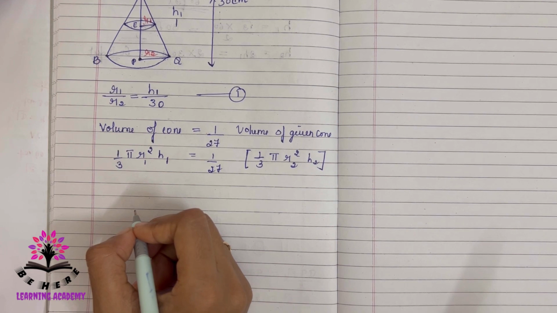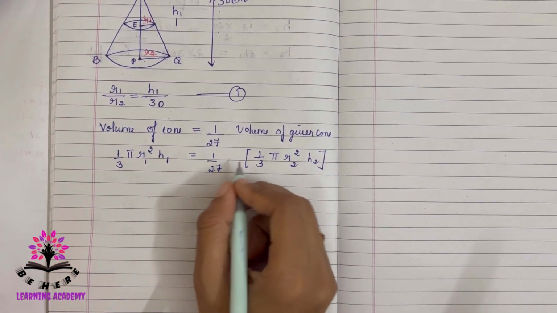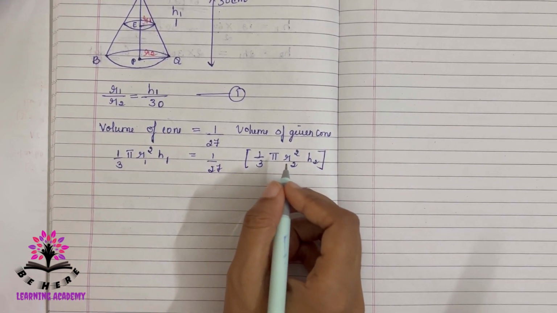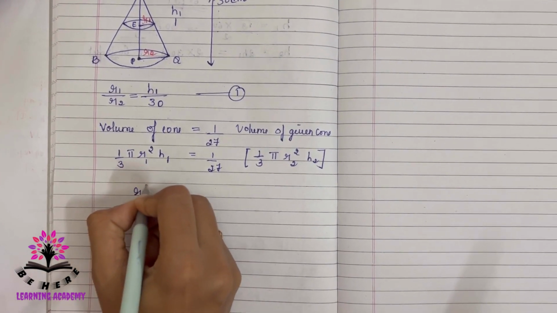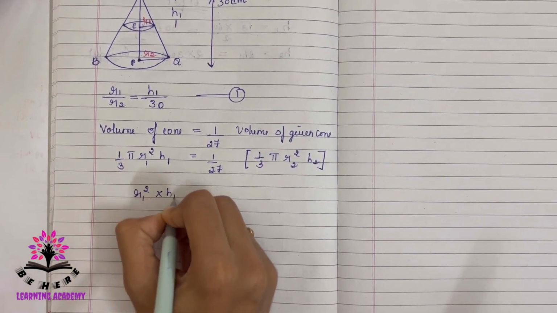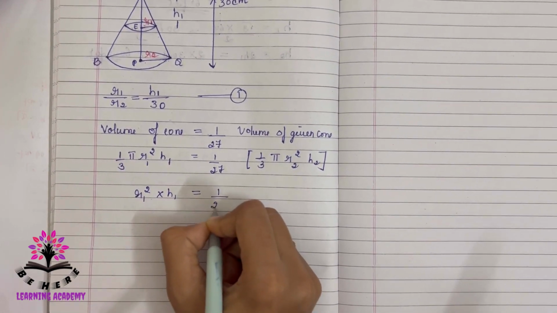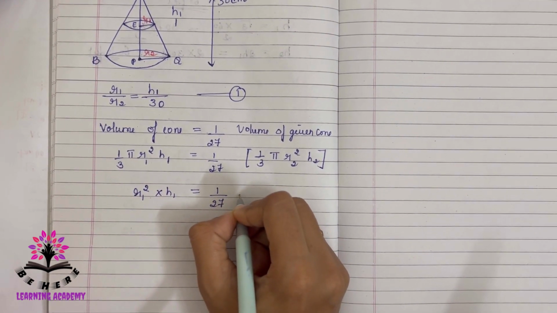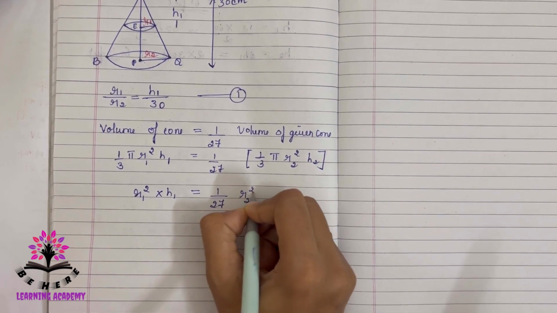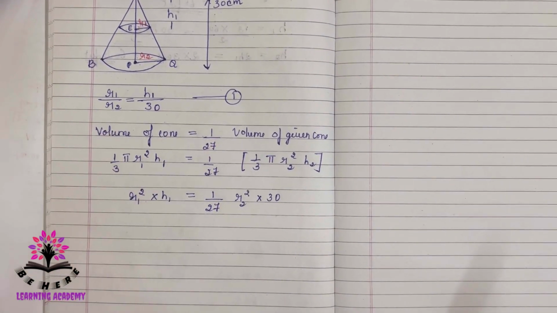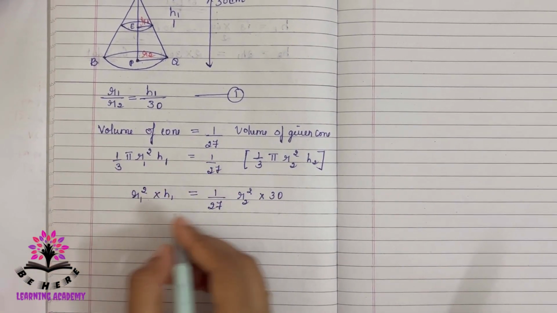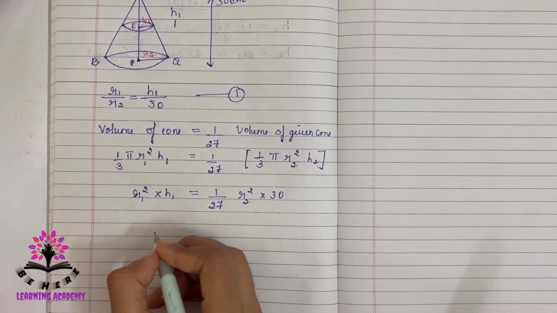While substituting, first we'll cancel the common terms and let's see what will remain. The remaining term will be r1 square multiplied by h1, that is equal to 1 by 27 r2 square into h2, we know it is 30. Pi cancels and 3 and 3 cancels, so remaining terms are written in general.